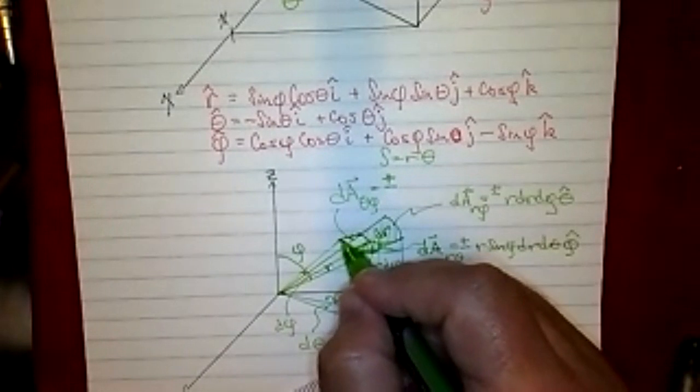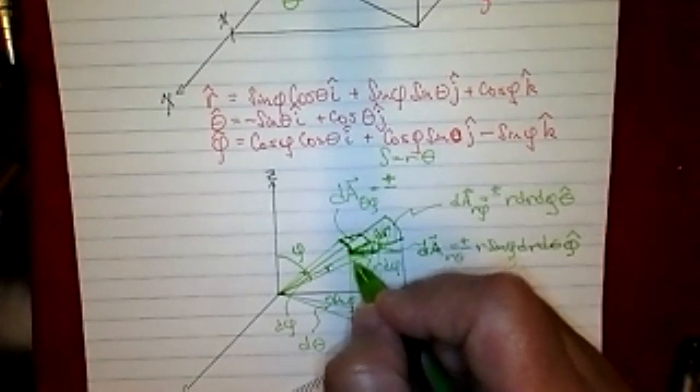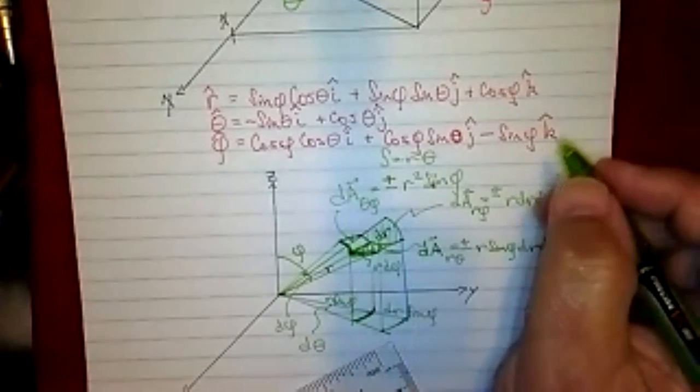As I said, this was r d phi, and this one is r sine phi d theta, so this is r squared sine phi. I think I said sine theta a second ago, sorry about that. R squared sine phi d theta d phi, and pointing in the r hat direction, which I think you can see is pretty obvious.